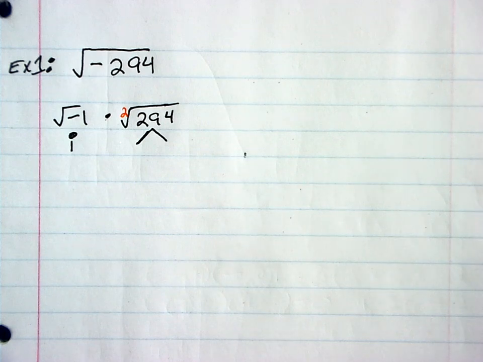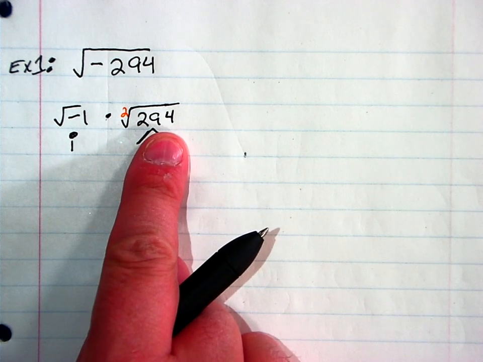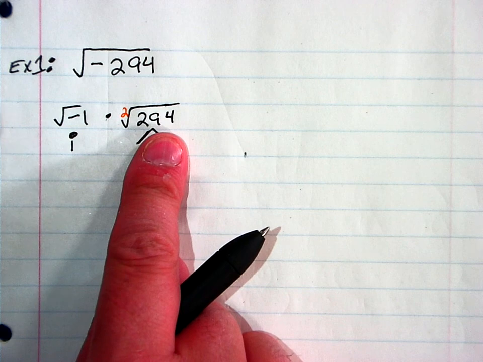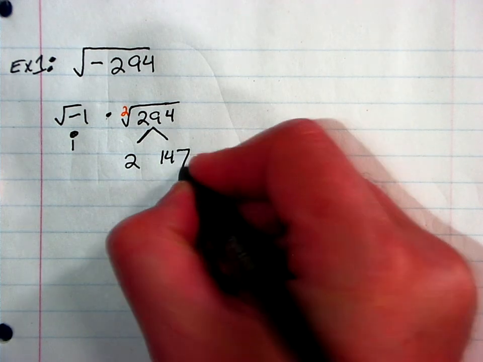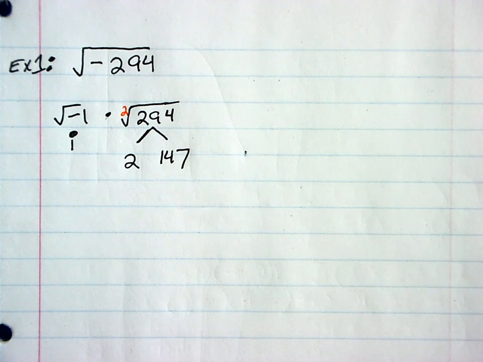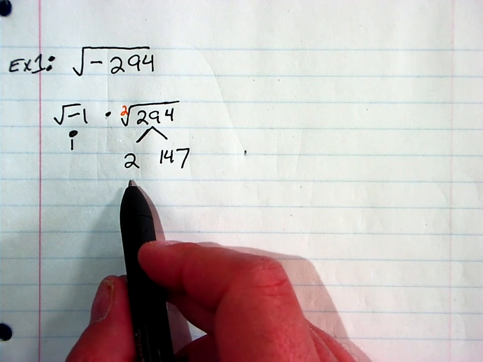What is a number that goes into 294? Does someone want to, besides 1? Does 2 go? That ends in 4, so it has to, so let's do 2. 2 and 147. I'll help you out with that advanced math. All right, so will 2 break down? Just 2 and 1. That does us no good.